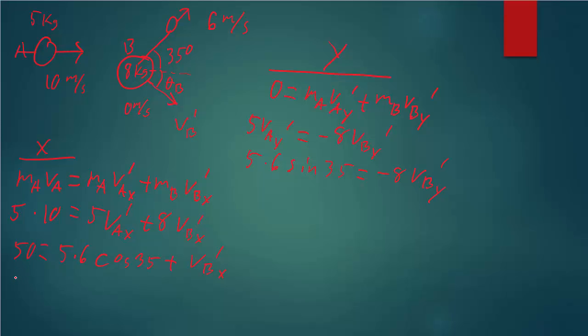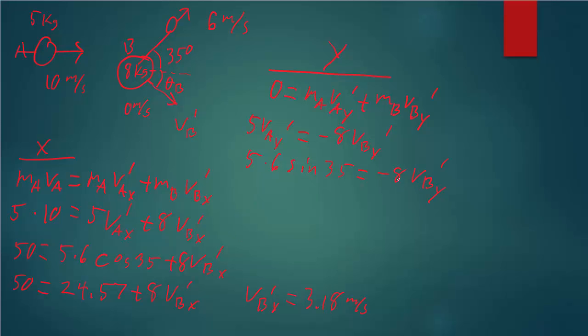So I'm going to have 50, throw this guy in a calculator, and you get 24.57 plus, oh, I forgot my 8 on there. Good thing I caught that. 8 VB prime in the x direction. And we can solve this guy, and we get VB prime in the x direction is equal to 3.18 meters per second.